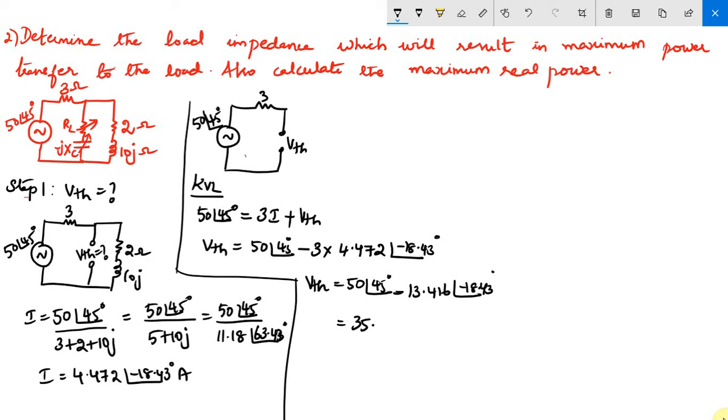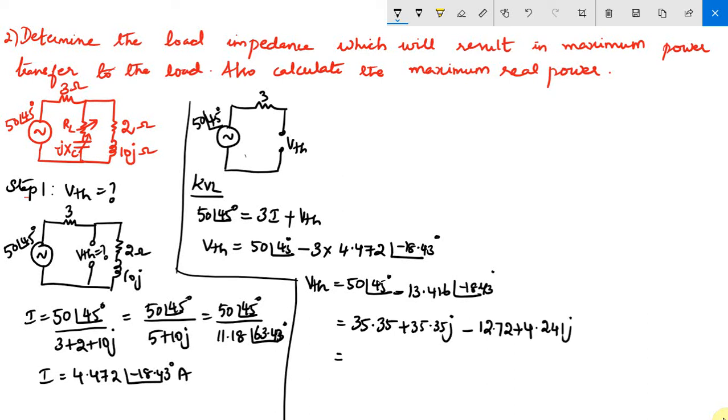Now this 50 angle 45 degree is in polar form, so I am converting that into rectangular form. We get 35.35 plus 35.35J minus, converting the 13.416 angle minus 18.43 into its rectangular form, we get minus 12.72 plus 4.241J.